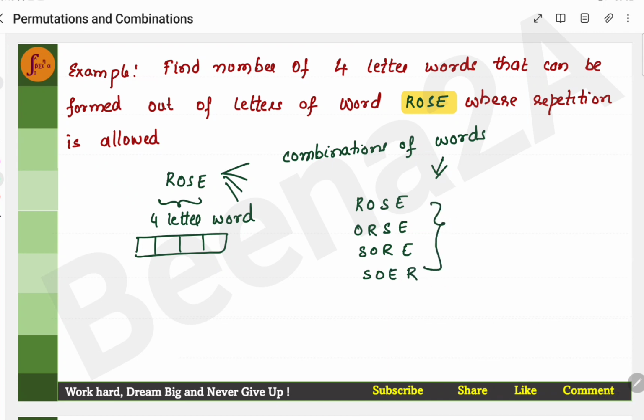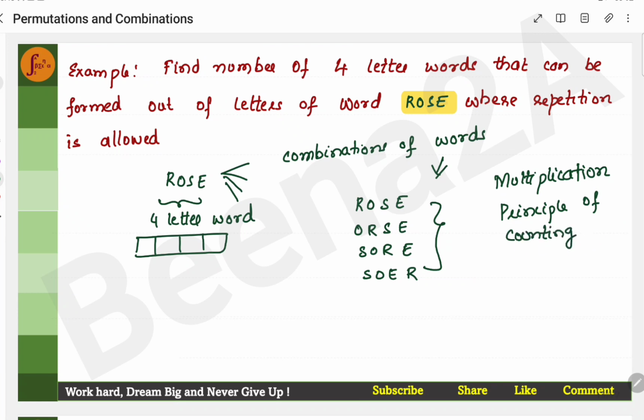So you can go on like this. It's lengthy. You can keep on going and you'll get the final number, right? But we will use the multiplication principle of counting.